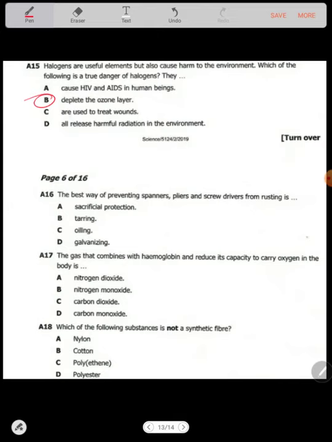In the case of these metals, oiling is the best, not really galvanizing. No. Sacrificial protection? This thing has already been made, by the way. So how can you protect it? A spanner has been made already. How can you protect it? You oil it.